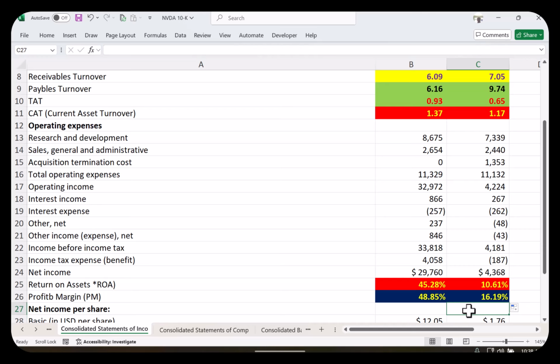So their PM also increased quite a bit. It pretty much tripled. We already know that TAT also improved, but most of the improvement in ROA is because of the PM. So even a very simple analysis told me NVIDIA is doing a very good job in making money off of their products. And they also don't need as much assets to generate those sales.